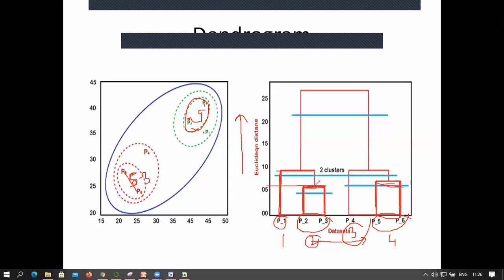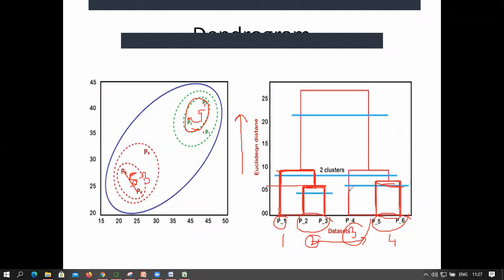You will draw a line from the center of this horizontal line, from the center of this I'm drawing a line till 9. You don't have to draw a line over here. Just start from the center and draw till 9. So now you have joined P1 and cluster number 2.